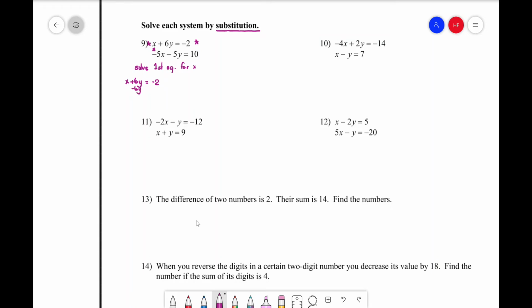I'll subtract 6y, and x equals negative 6y minus 2. And then I will plug that into the other equation. So negative 5, instead of x, I'm writing negative 6y minus 2, minus 5y, and that equals 10. And then we'll distribute that negative 5.